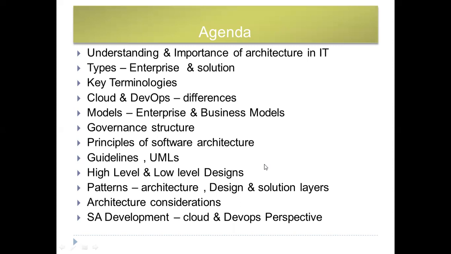So first we need to understand the importance of architecture in IT, because whenever we work on application development, as we usually know, we have three different layers. One is the presentation layer. Second, the business logic layer. And the third is the data layer, right? You know that.